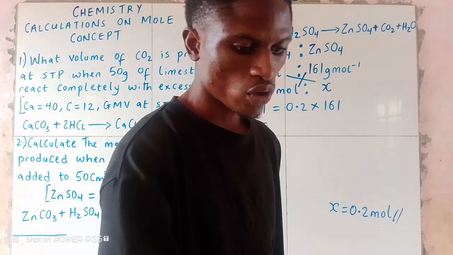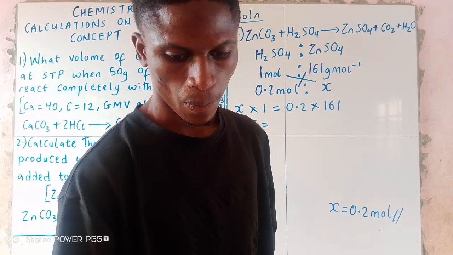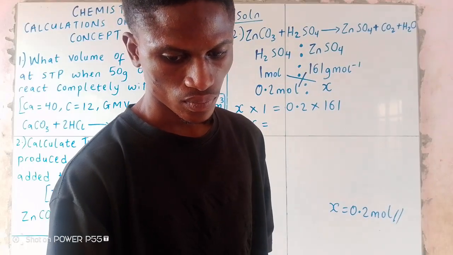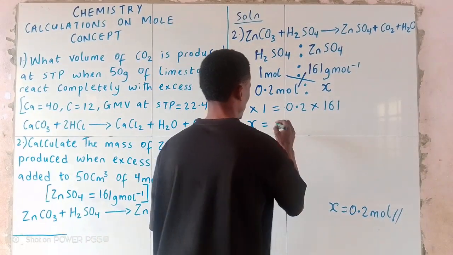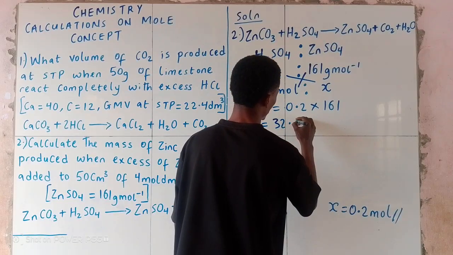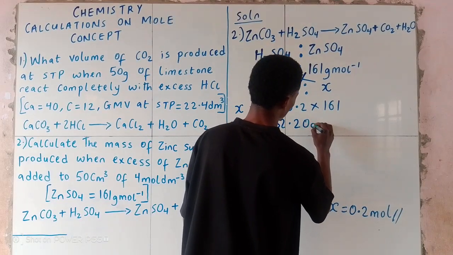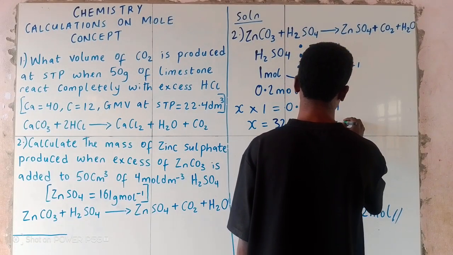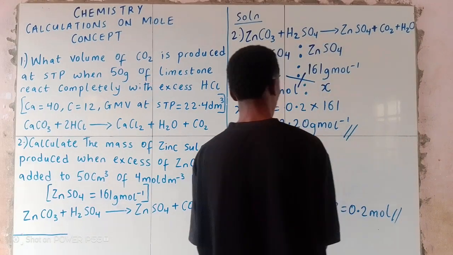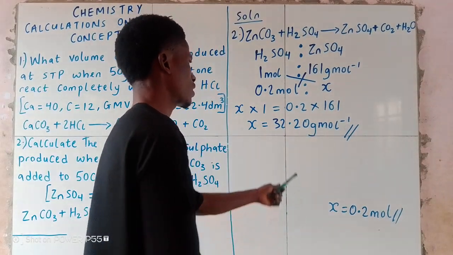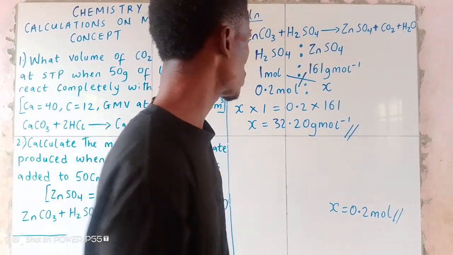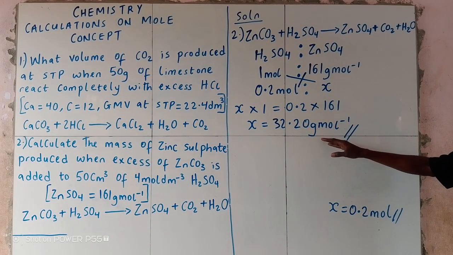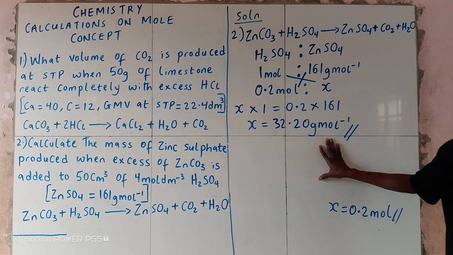My calculator. 0.2 times 161, I'm going to get 32.20 gram per mole. So this is my final answer. Yes, I have 32.20 gram per mole as my final answer.